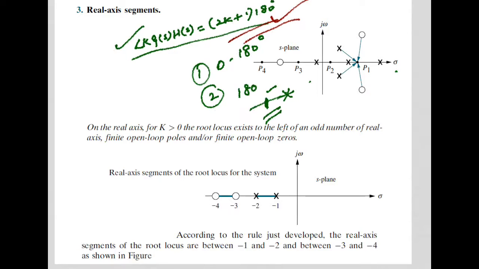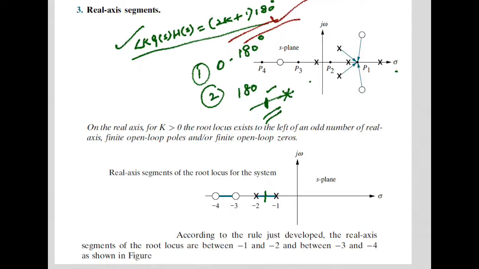The first point is the angle between 0 and 180 degrees. The second is that if we have an odd number of poles and zeros to the left of the point, then the contribution would be there, and the angle would be 180 degrees. Let us suppose that we have 2 poles and 2 zeros, and this is the point of observation.